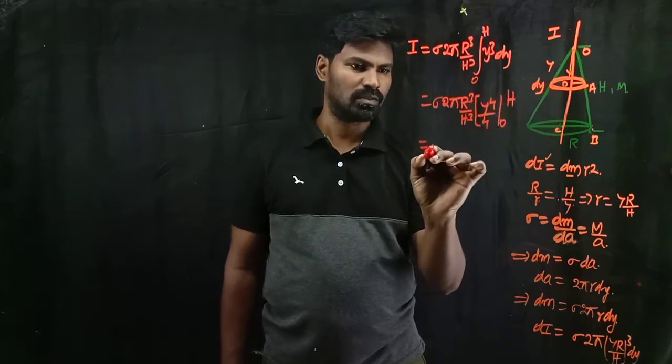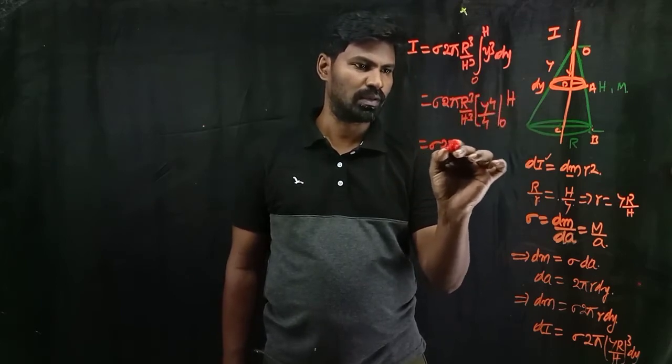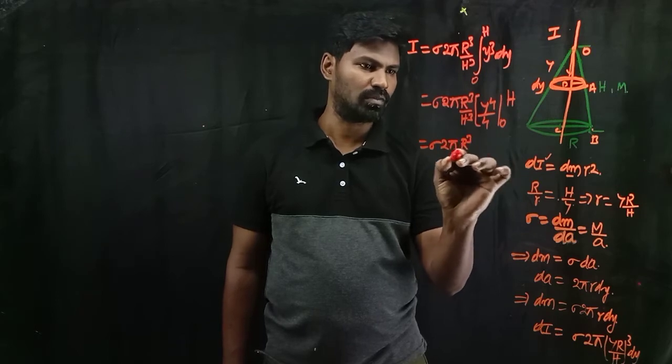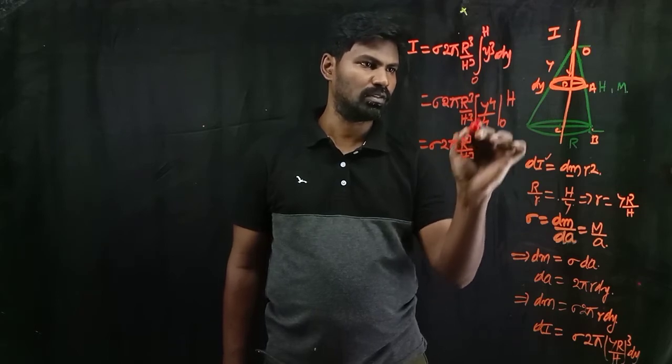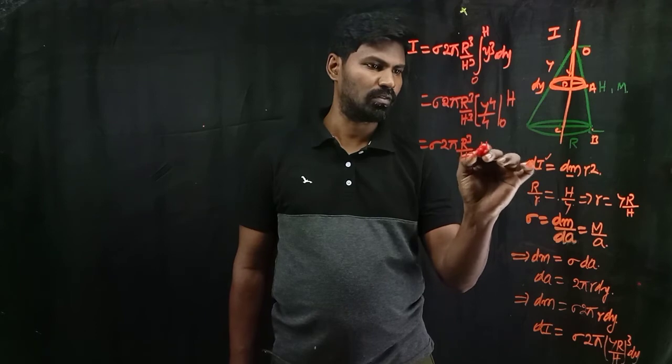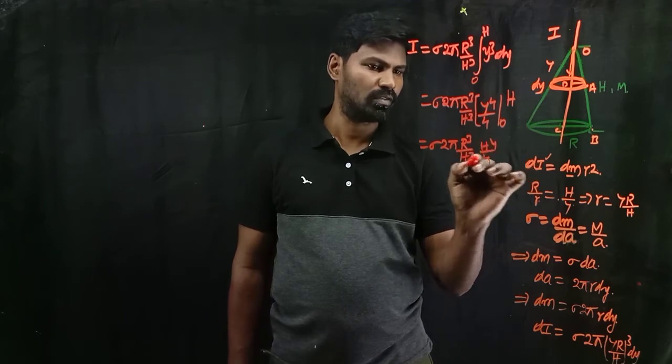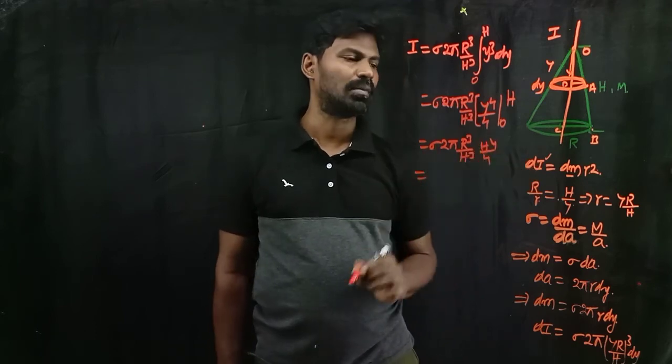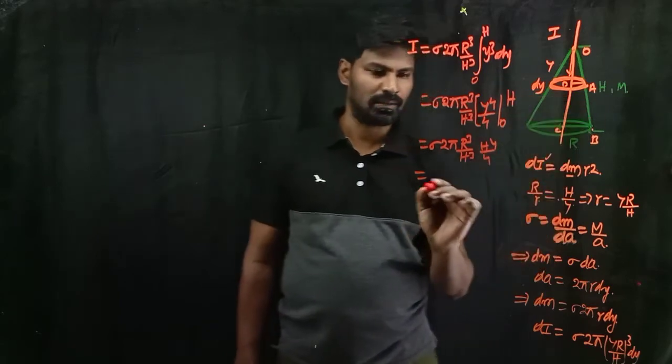That is equal to sigma 2 pi into capital R cube divided by h cube into h power 4 divided by 4. What is sigma? Mass per area.